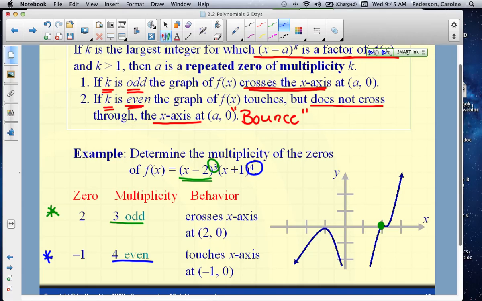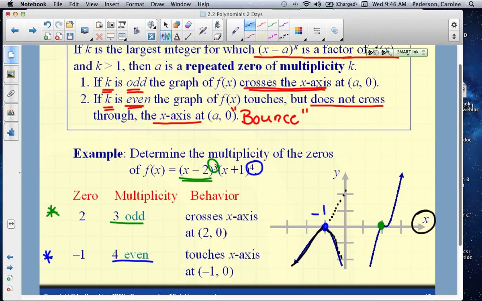So here is my -1, it cannot go through this line. If I think about it, here is my function, it's increasing, it cannot go back through it. It's telling me it has to stop and go back down. It cannot go through this x-axis.